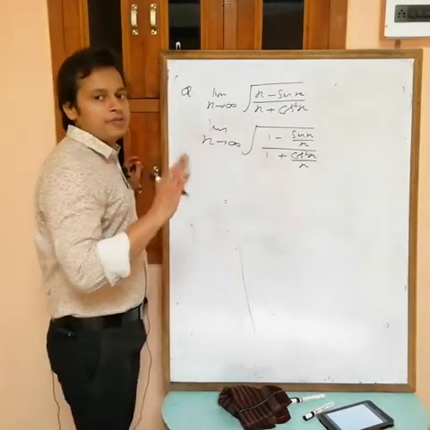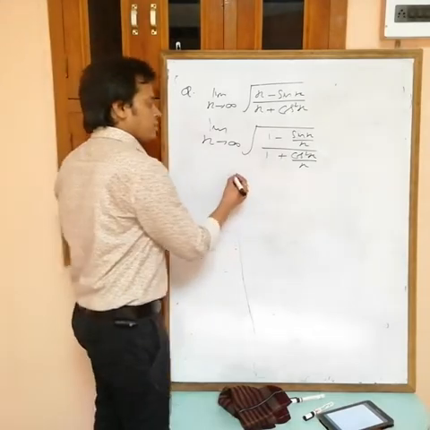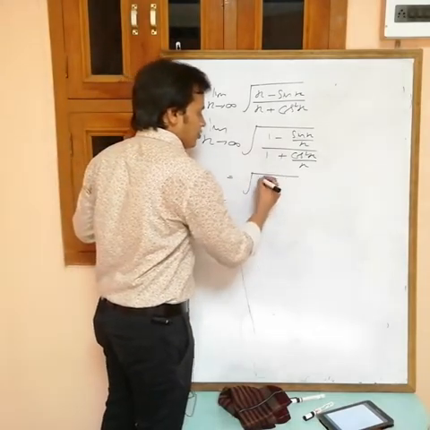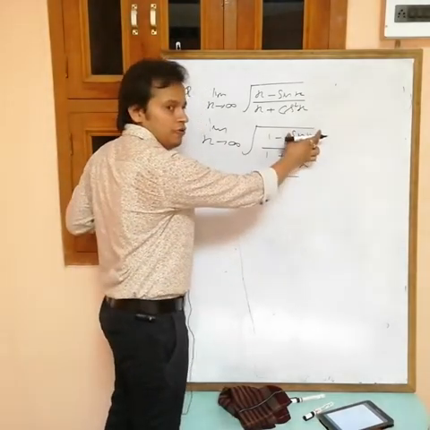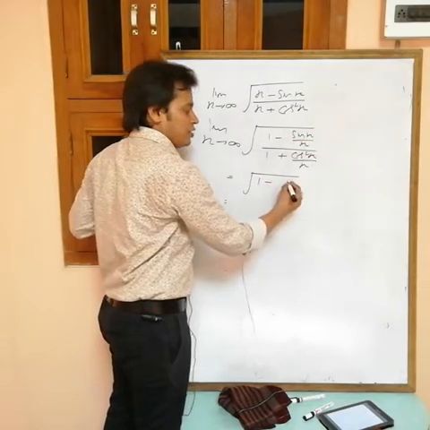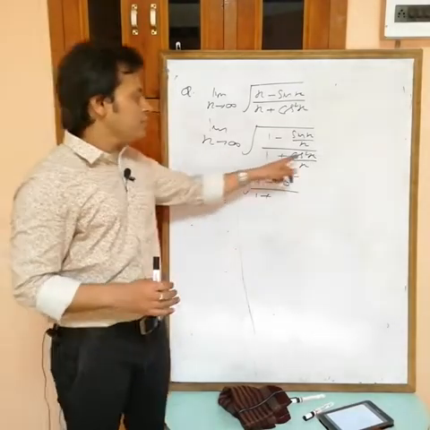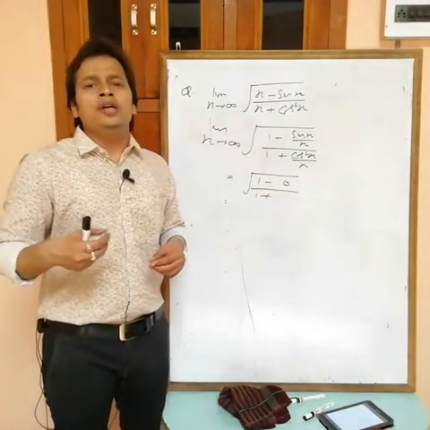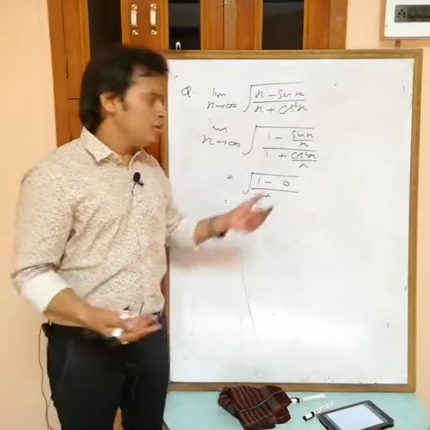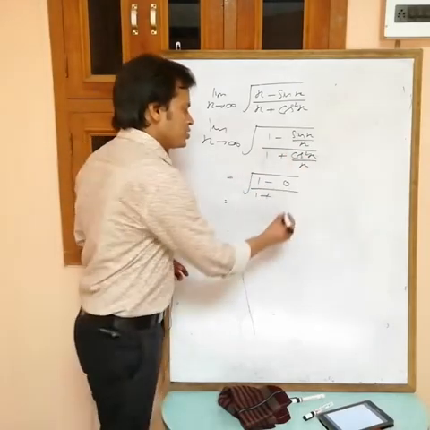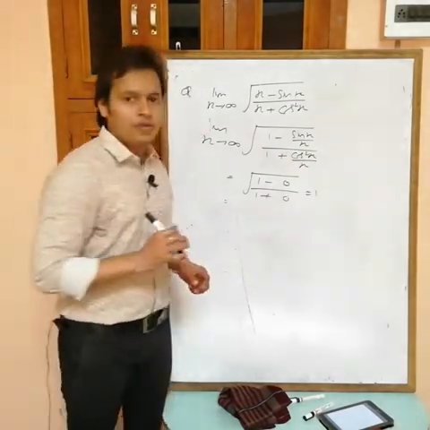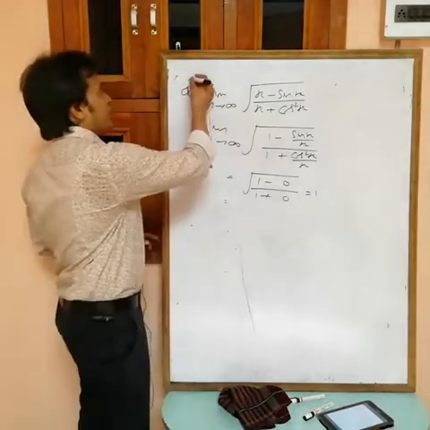Now put x equals to infinity. Then root over 1 minus any value from -1 to +1 by infinity is 0, and 1 plus cos square x by infinity, any value from 0 to 1 by infinity is always 0. So the answer is 1.